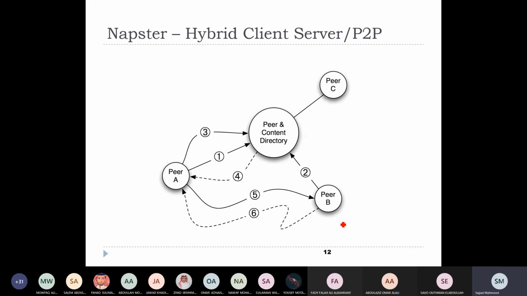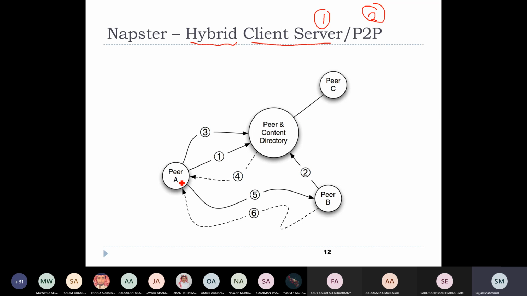Okay, so what happens here is that this is an example of combining two basic styles. That's why it's a hybrid of client server architectural style and P2P architectural style. And the architects who designed this system did it this way.